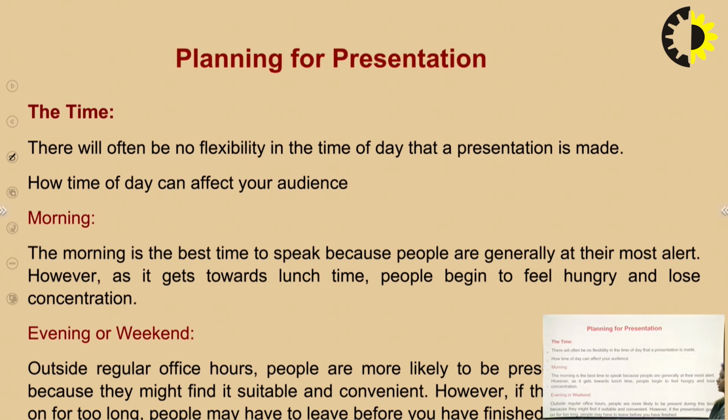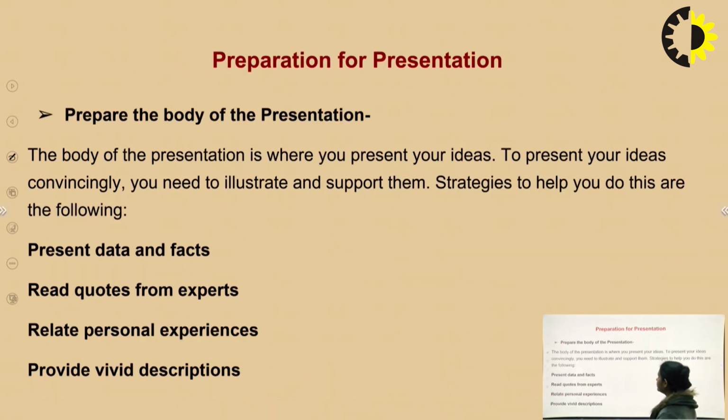However, if the presentation goes on for too long, people may have to leave before you have finished. So if your prospective audience is working women, what is their preferable time? They can prefer the evening or the weekend when they get free.